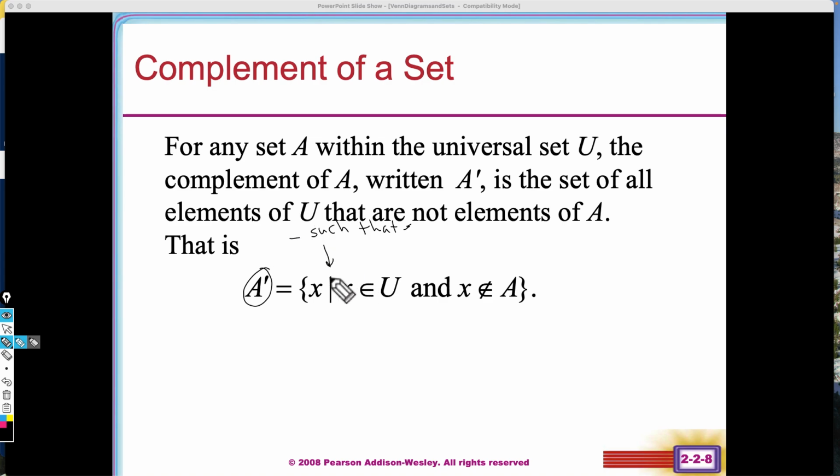So it just translates, that's what that bar means. This makes it very formalized, but it's every element x that is an element. That's what that symbol means. It's a member. It's in the universe, and at the same time, it's not an element. The line through means not an element.